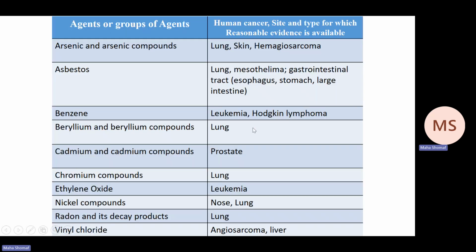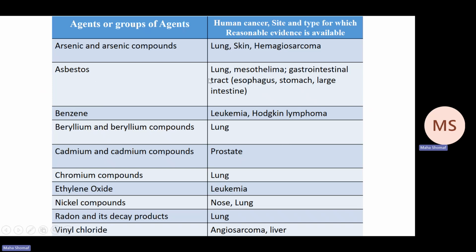This table summarizes the types of agents, environmental carcinogens that are incriminated in development of different types of tumors, as for example arsenic and arsenic compounds associated with lung, skin, and hemangiosarcomas.